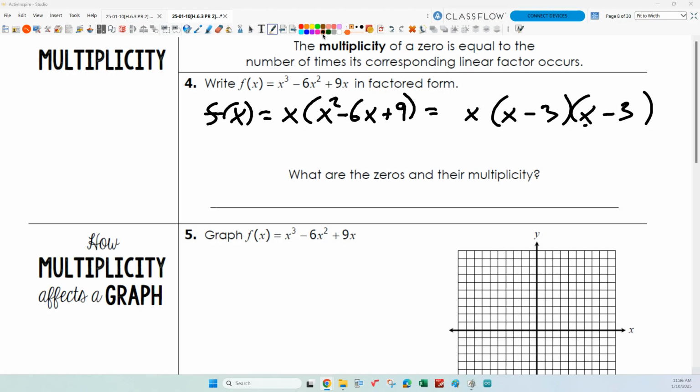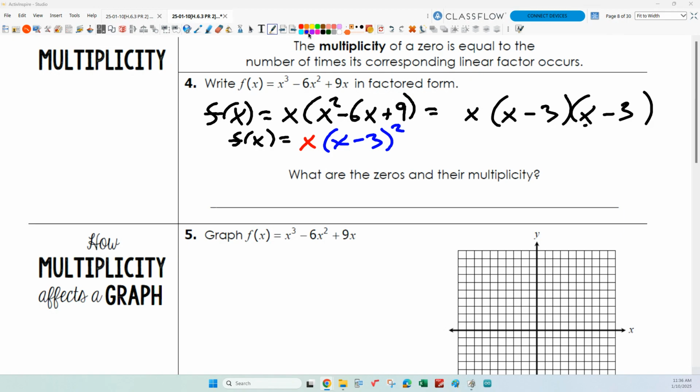How could I write x minus 3 times x minus 3? x minus 3 squared. Good. So then we end up with f of x equal to x times the quantity x minus 3 squared.